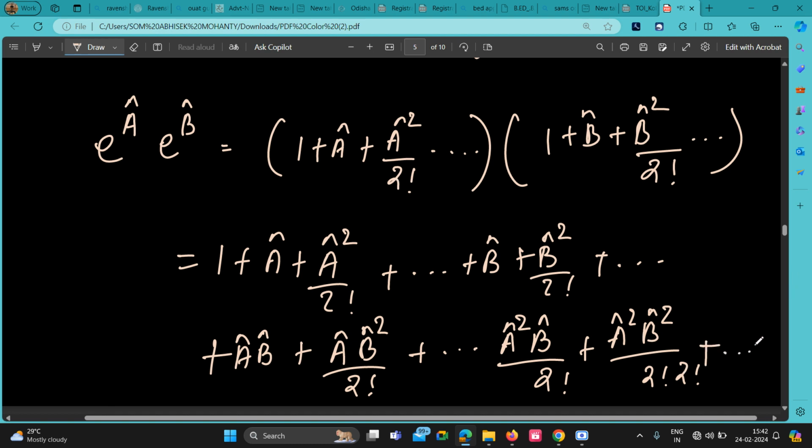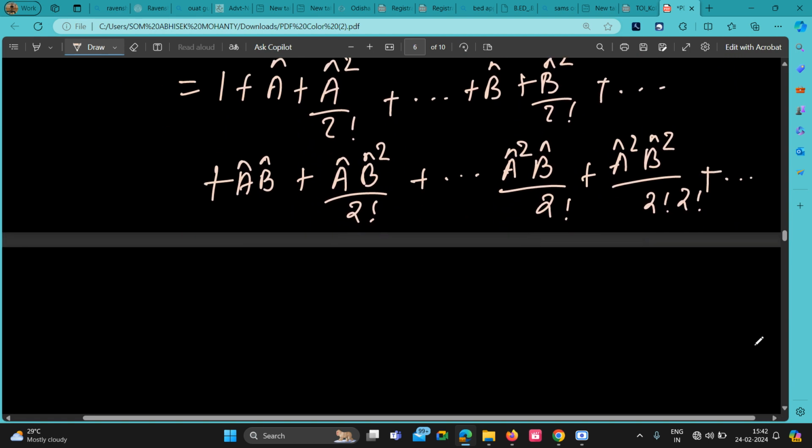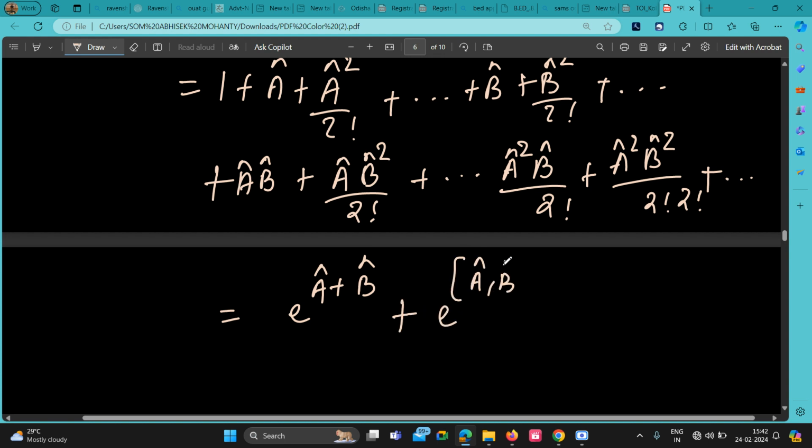You can see I can multiply them. So it will go on, and from there we can prove that this will be Â plus B̂ plus [Â,B̂] by 2. And this can be proved from here.